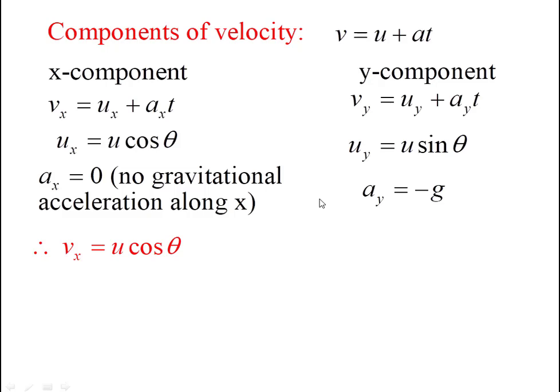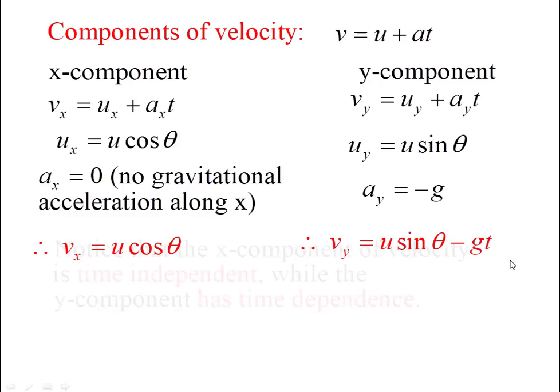Therefore, Vx simply becomes ux, which is u cosine of theta, because the other term vanishes as ax is equal to 0. And Vy is equal to u sine of theta plus ay t, which becomes u sine of theta minus gt. So these are the x and y components of the velocity of the projectile.